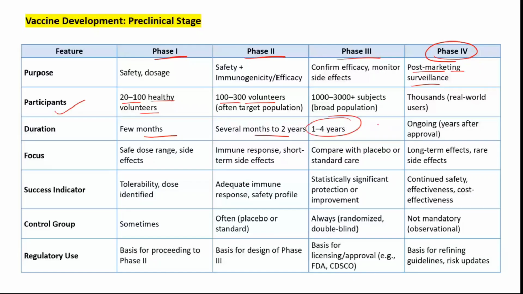You don't provide only the acute data, you have to go through chronic level studies. Phase 4 is always ongoing because people are consuming it years after approval. Now, what will be the focus? Safe dose range. In phase 1 we decide the dosage range.